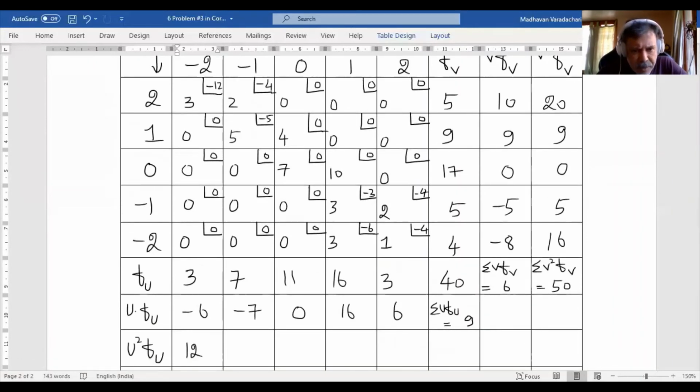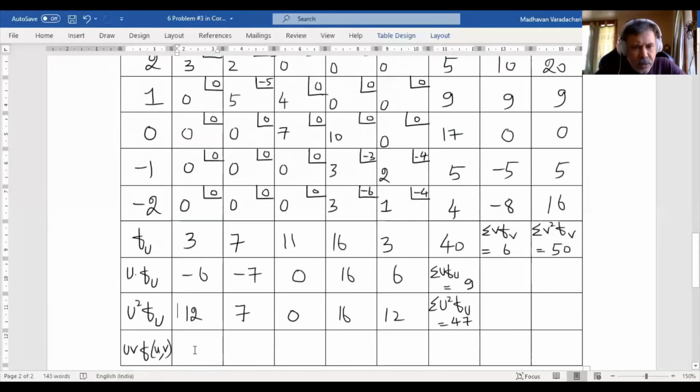It is positive 7. 0 into something, it is 0. 1 into 16, it is 16. 2 into 6, it is 12. So if I add this, 12 plus 7, 19. 19 plus 16, it is 35. 35 plus 12, it is 47. So what is 47? It is summation u square into fu. That is 47.